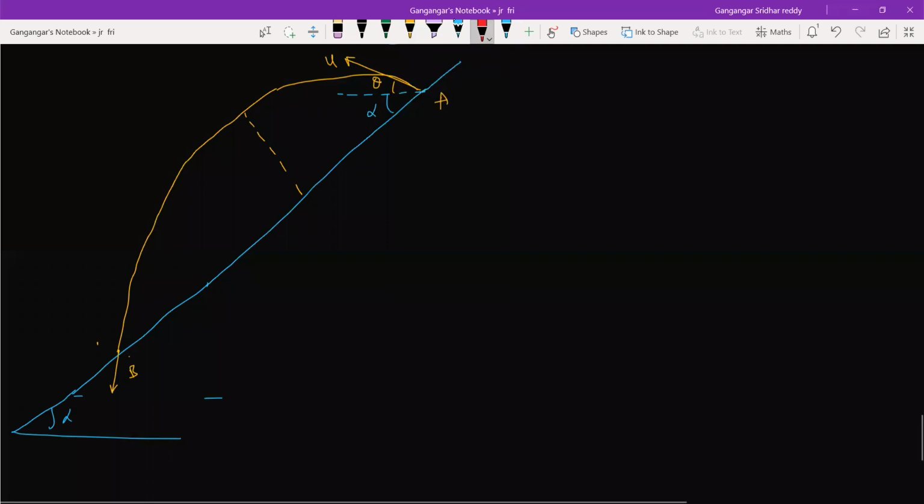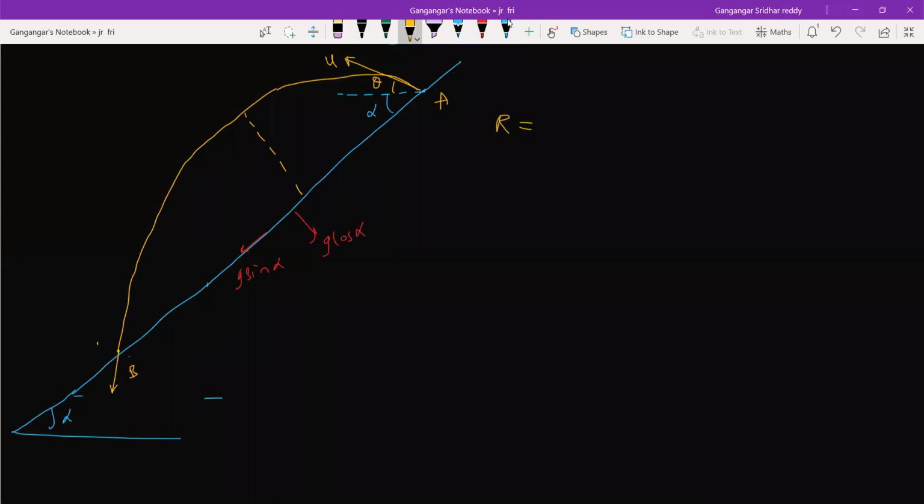So here, if you resolve, this will be g sine alpha, g cos alpha. Similar mathematics, if you proceed, let me write the equation directly. Later part, you can check it.